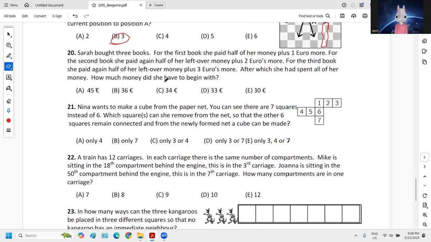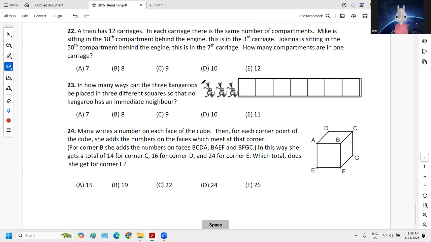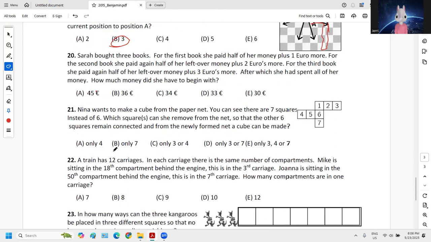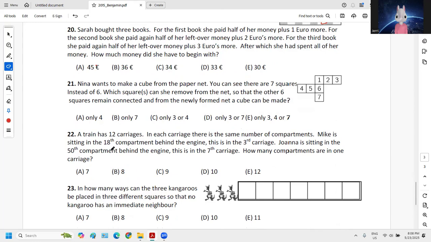But now, after half of her leftover money and 3 euros more, there was no more. So then half would be 3. So then half would also be 3. It would be 3 plus 3 equals 6. And then 6 plus 2 equals 8.